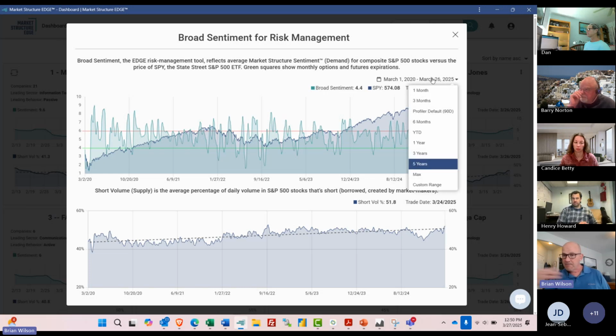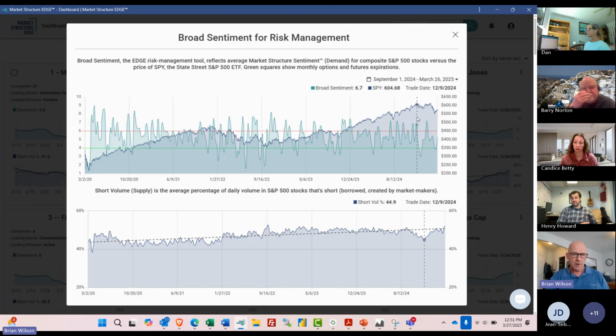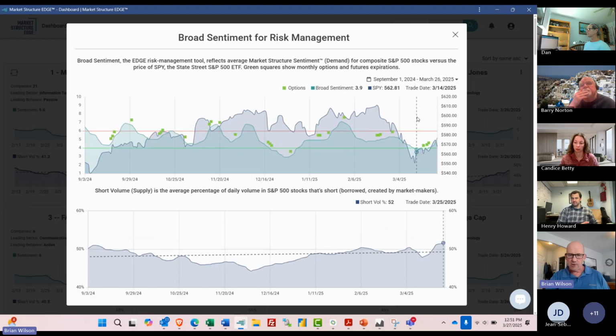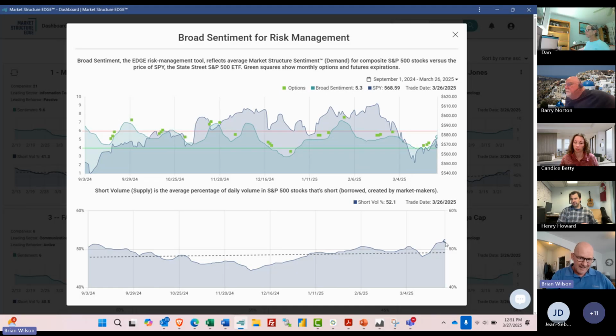I personally thought that they might have gotten covered this morning. We'll go back to a shorter term view so you can see it a little bit better. But if you look back, you're like, okay, well, short volumes the last 6 months have not been at these levels. We're pretty much near as high as we normally get. What happens to the market this week if we get short covering?